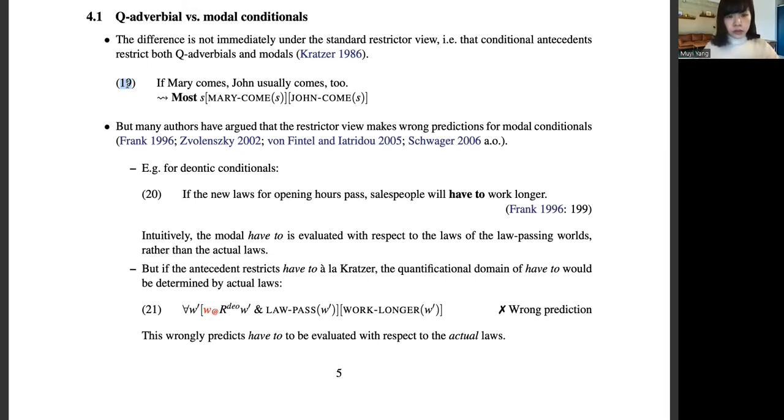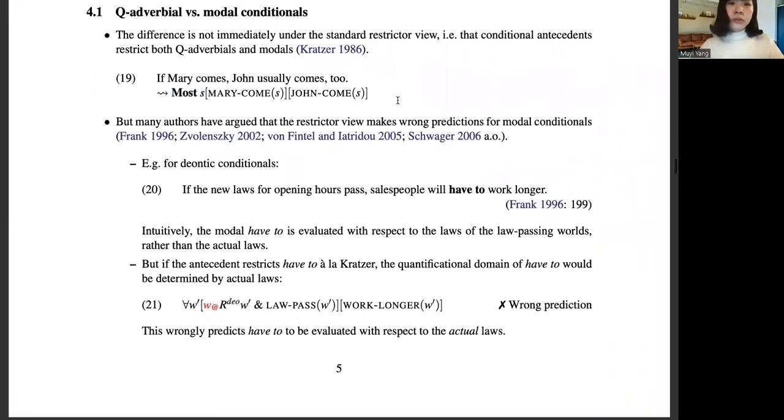Under the restrictor view, we would interpret the sentence as a quantificational statement where we are saying that most situations, and the restrictor of this quantifier is provided by the if clause, Mary comes, and the nucleus scope is provided by the consequent minus the quantifier usually. So basically this says that most situations where Mary comes are situations where John comes. Okay, so that's what Kratzer's restrictor view would say.